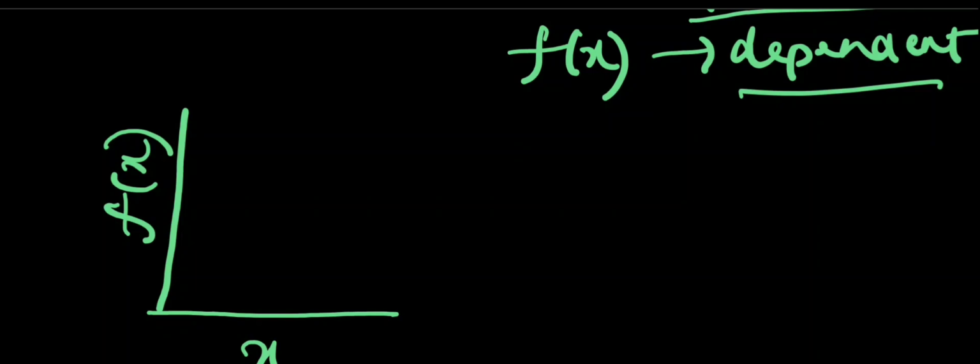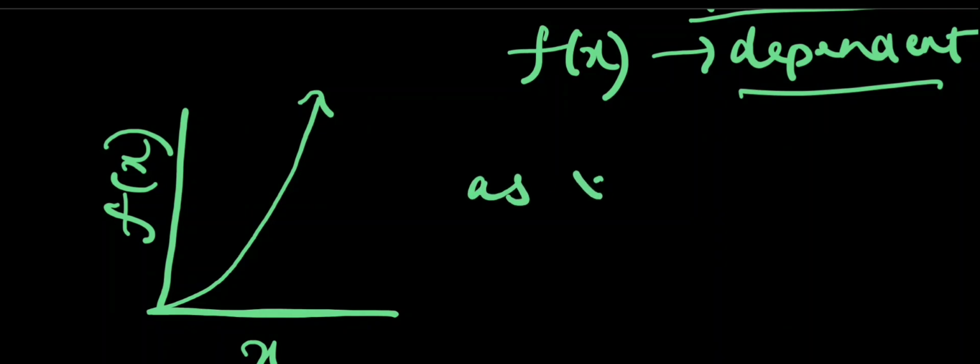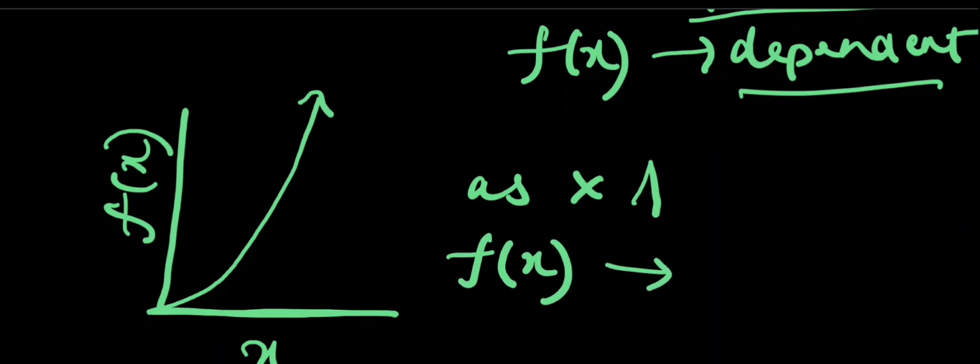Okay, suppose we have a graph that states this. What can we tell from this? We can tell as x increases, f of x approaches infinity.